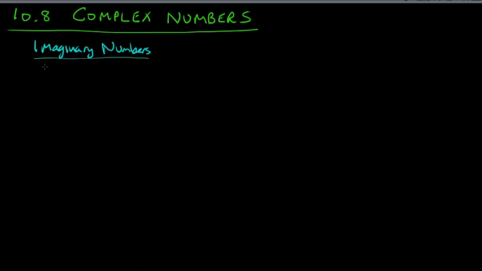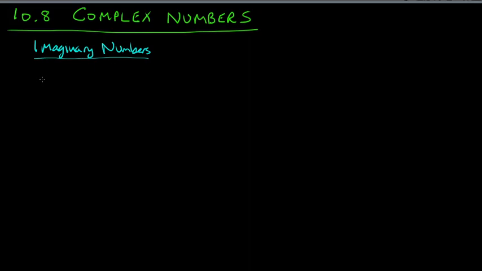We need to define clearly what an imaginary number is, and we'll see in a little bit where that's going to be useful. It turns out to be the very next chapter. When we get to chapter 11, we're going to need these imaginary numbers, because they're going to be part of the answer.